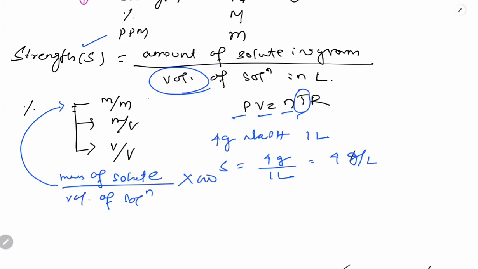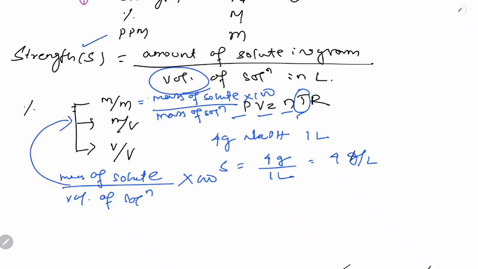Similarly, if it is asking mass by mass percentage, our formula will be mass of solute divided by mass of solution into 100.